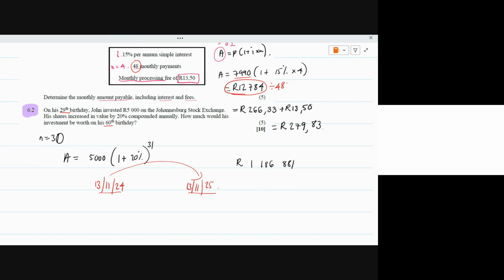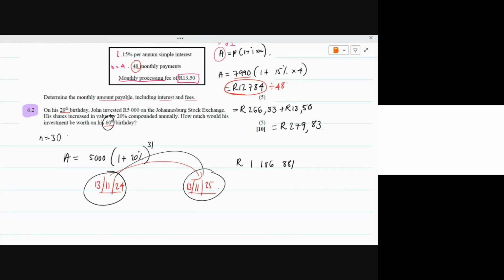Does that make sense? Yes? Because in order for me to be a year old, I have to wait for the whole year to end. So John just turned 60, which means the year hasn't gone by. So my n is not 31. My n is actually 30.